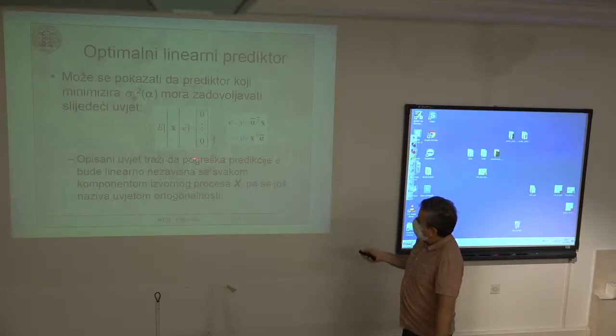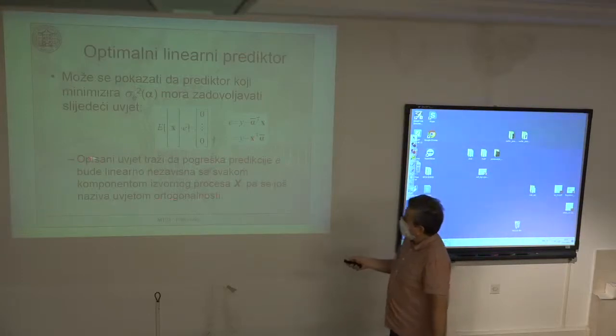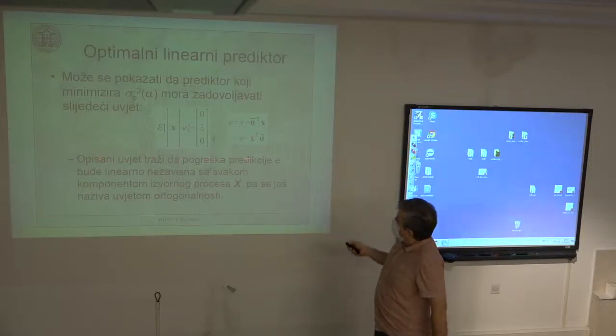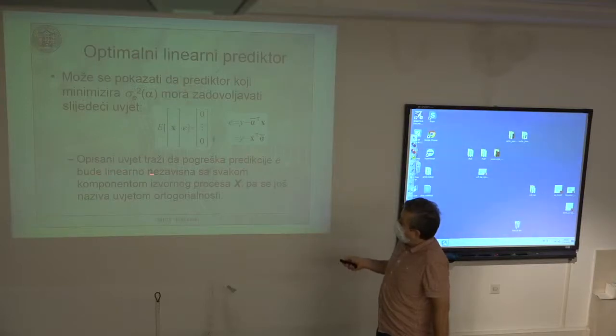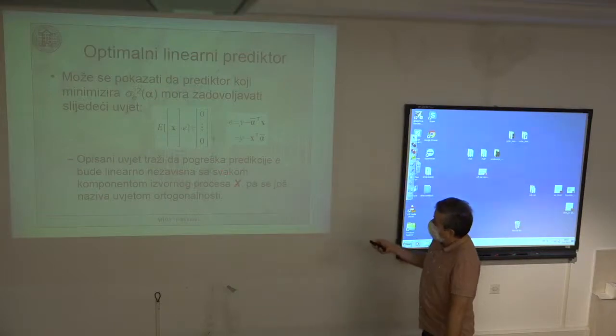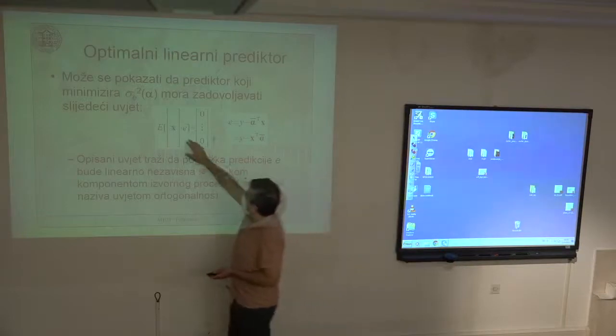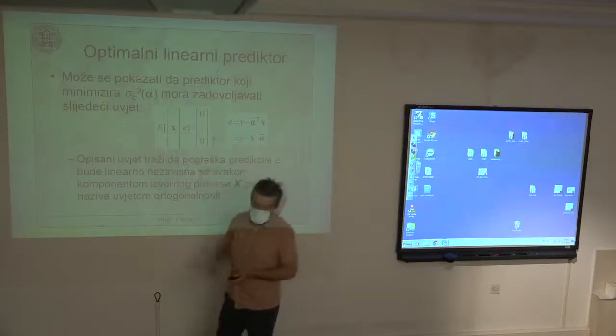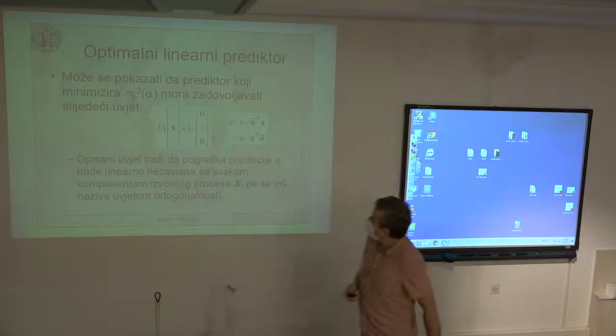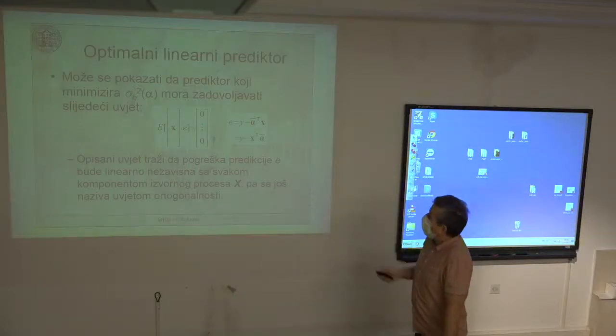Okay, and then it says here that the required condition actually implies that the prediction error must be linearly independent of each of the components of the source process. So this expectation means that each of the components of the source process, x1, x2, up to xp, is linearly independent of the corresponding prediction error. Only in this case, the predictor is optimal, and we call this condition the orthogonality condition.